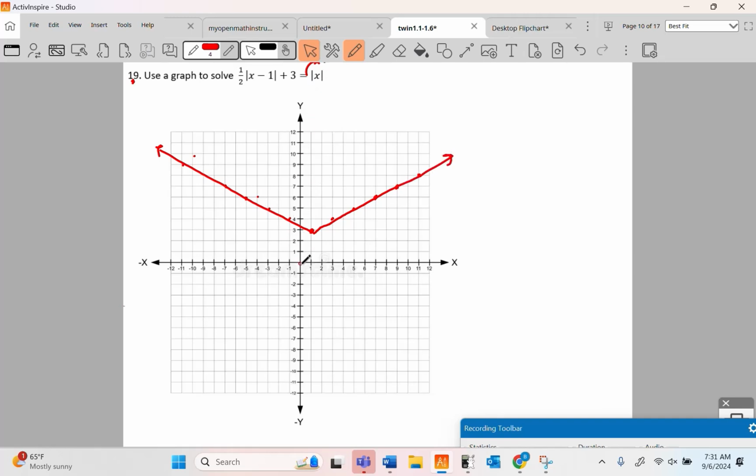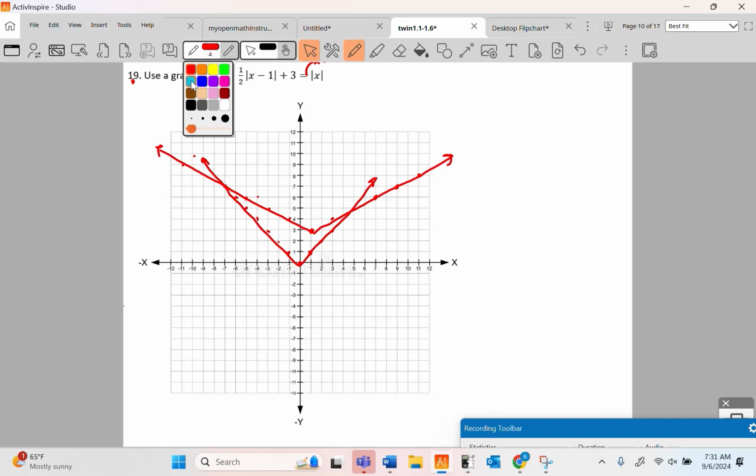And then I have absolute value of x, which again has the points 0, 0, 1, 1, and negative 1, positive 1. And I'm just going to do lots of points because sooner or later I'll have my intersection. And there it was. One of them, anyways. And there's the other one.